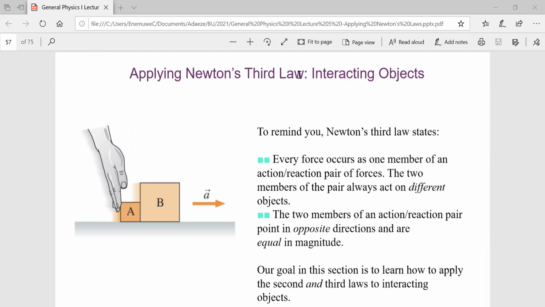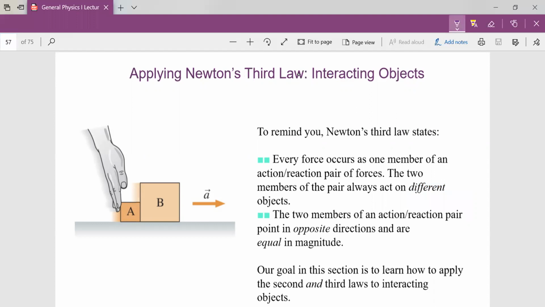So let's do a quick reminder of what we said about Newton's third law. We established two basic points when we looked at Newton's third law. We established that every force occurs as member of action and reaction pair of forces. Okay, and we also emphasize that the two members of the pair of forces always act on different objects.